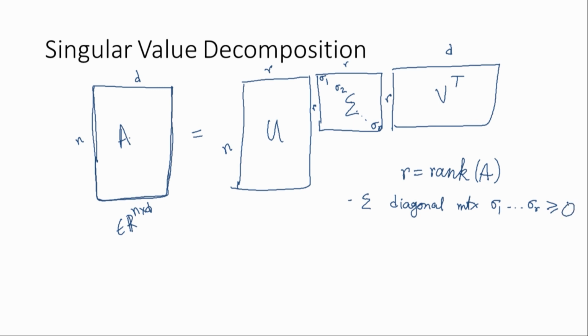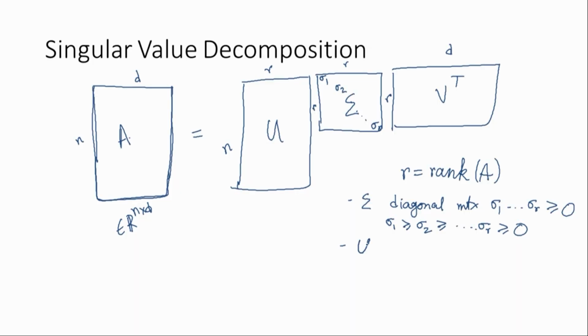In fact, it's easy to see that you can rearrange the columns of U, the entries of sigma and the rows of V transpose to make sure that the sigma values are decreasing. Sigma 1 is the biggest one, sigma 2 is the next biggest, sigma 3 is the third biggest, and so on, and sigma r is the smallest one. This is just a question of rearrangement.